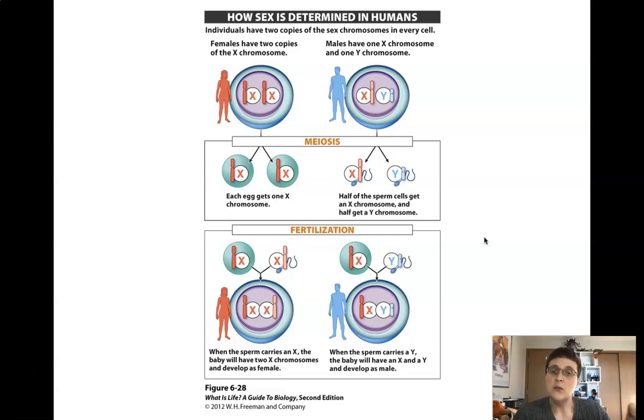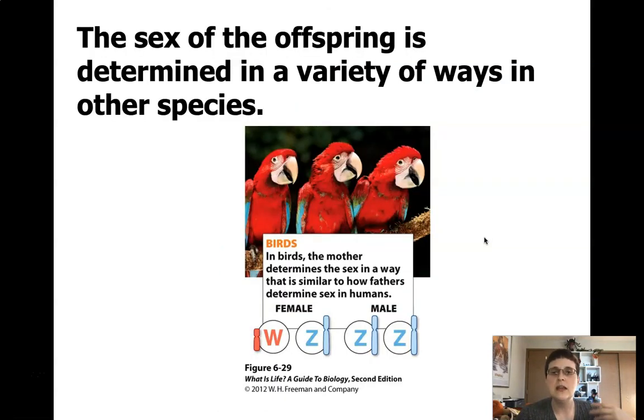Now, it doesn't work that way in all organisms. We have X and Y for humans. However, it changes depending on the species. So I'm going to show you some different species and how their sexes are determined as far as genetics go. In birds, it's the opposite from humans.